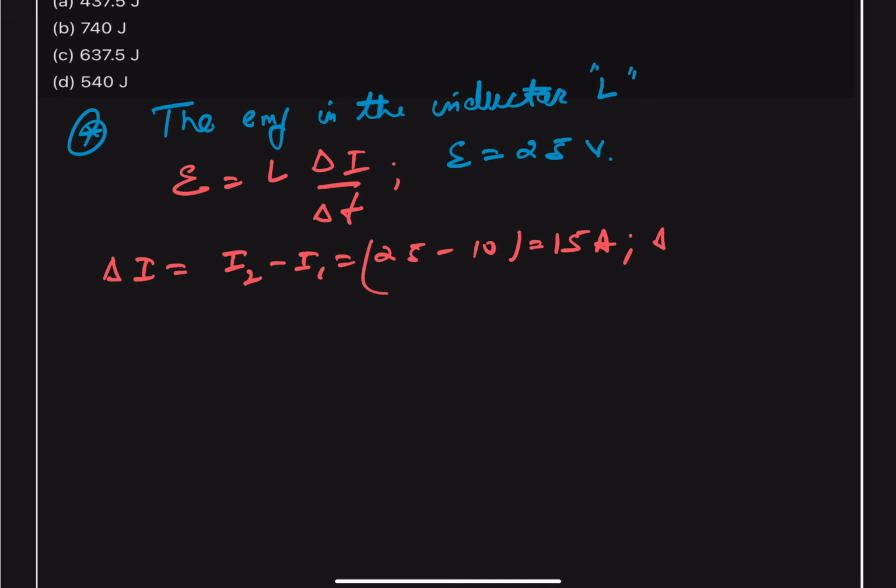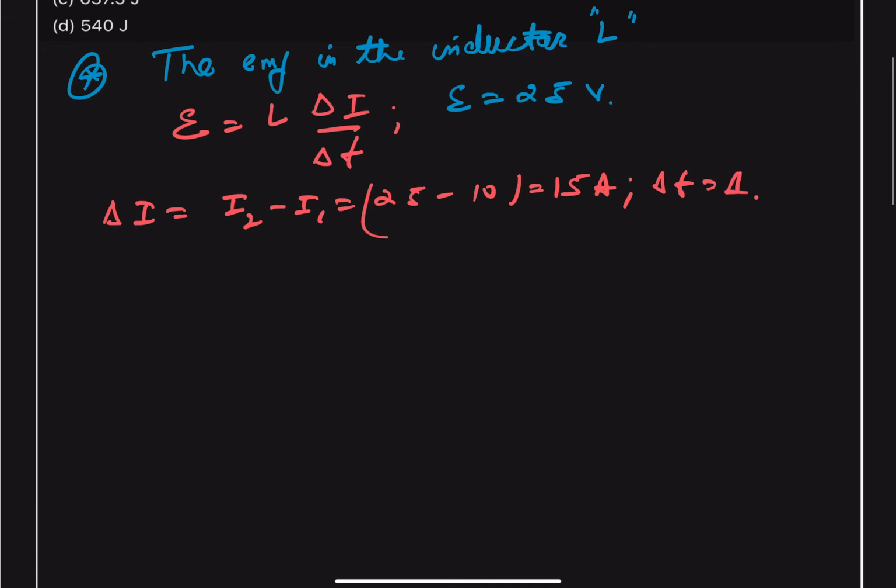So our delta T is 1 second. So from here, if you substitute the values, you get 25 is equal to L multiplied by 15 divided by 1. So this gives us the value of inductor L equal to 25 upon 15, which is equal to 5 upon 3 Henry.